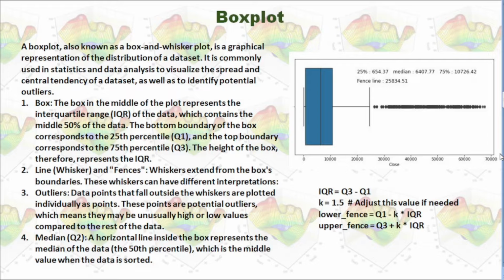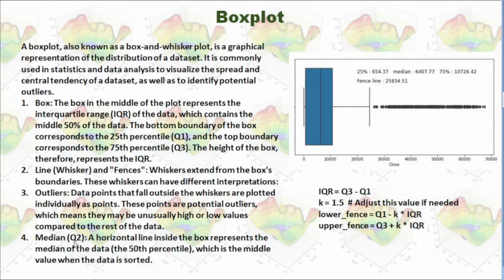This is the price. You can see there is a box here, and this line represents the 25th percentile, and this line represents the 75th percentile, and the value I wrote here. And you can see in the middle there is a line here.